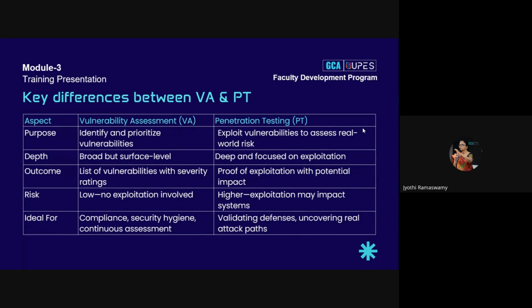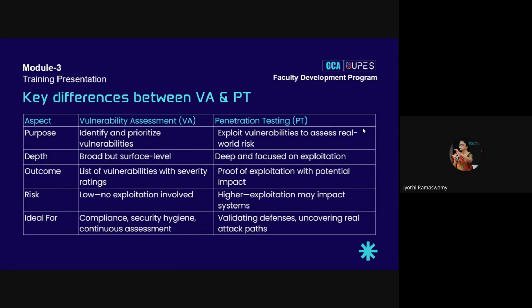Now the risk of VA is low because there is no exploitation involved. So it is not an invasive test. It is a test at the outer boundary perimeter only. But penetration testing is a test which will actually impact the system, because it gets into the system.